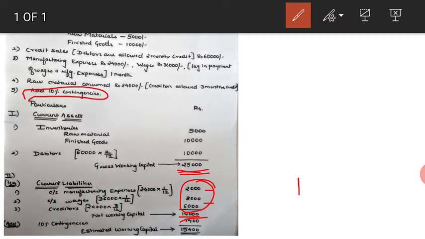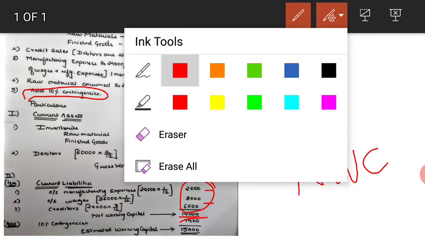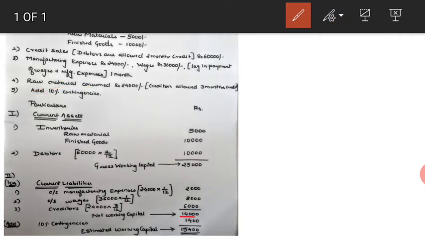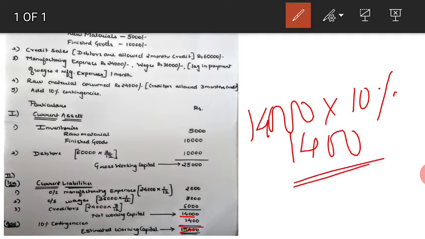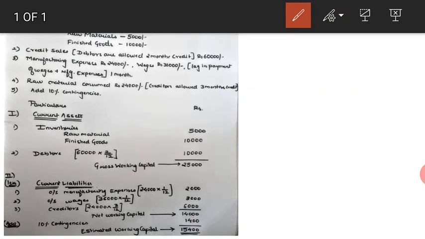We have to add 10% contingencies to the net working capital, which is 14,000. 14,000 into 10% gives you 1,400. So 14,000 plus 1,400 gives you 15,400. That is your estimated working capital. Now I guess you're clear with this concept of simple problems on working capital.